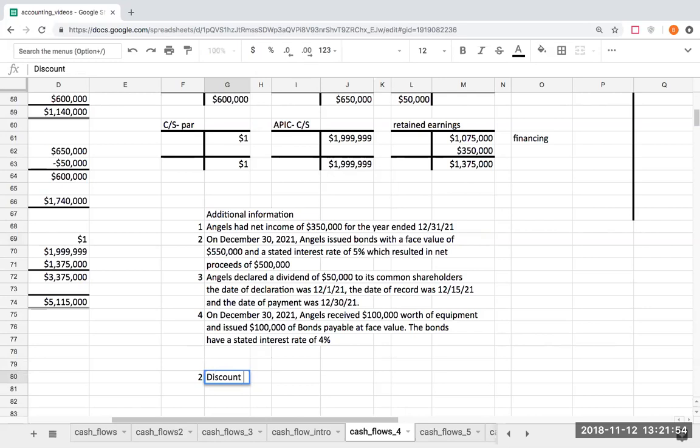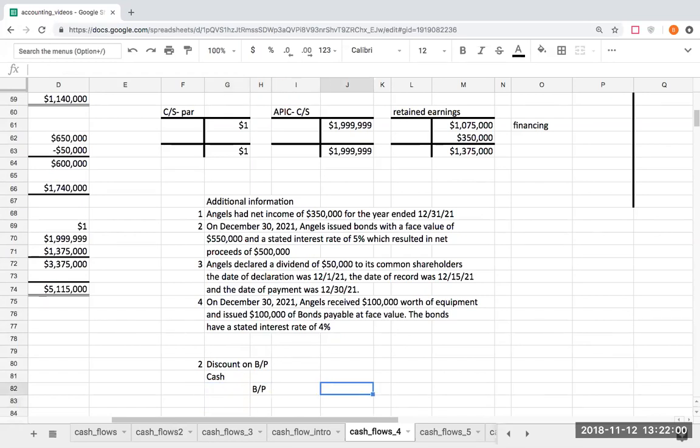I debit the discount on bonds payable, I debit cash, and I credit bonds payable for the face amount. What I'm going to recommend is that I create the journal entry and post it directly into the T accounts.